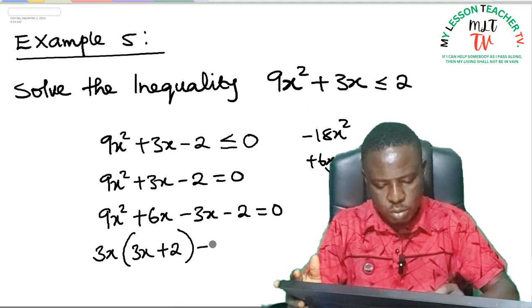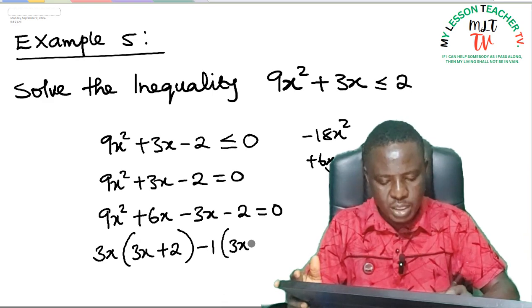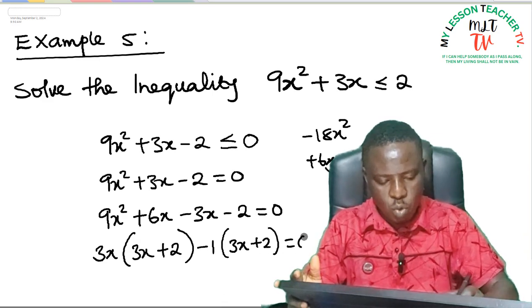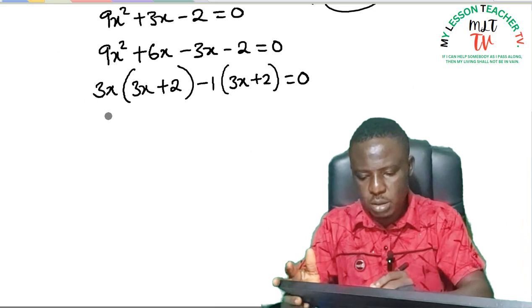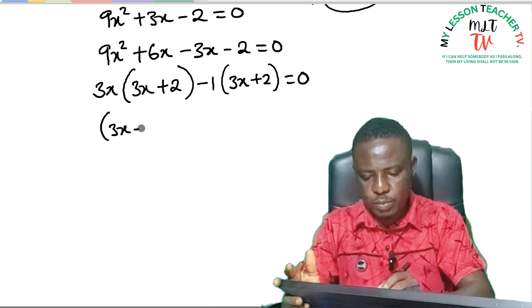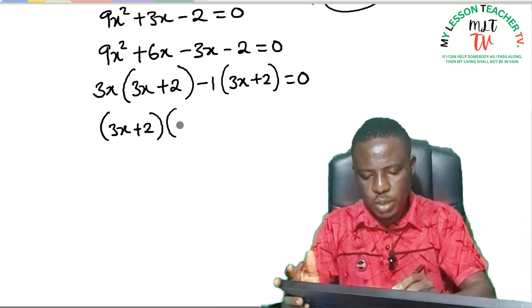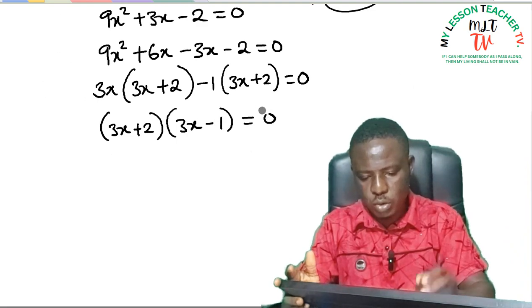Minus 1 is common. So you have minus 1 into bracket. Divide minus 3x by minus 1, you have 3x. Divide minus 2 by minus 1 gives you plus 2, which is equal to 0. You factorize again, this becomes 3x plus 2 into bracket 3x minus 1 is equal to 0.